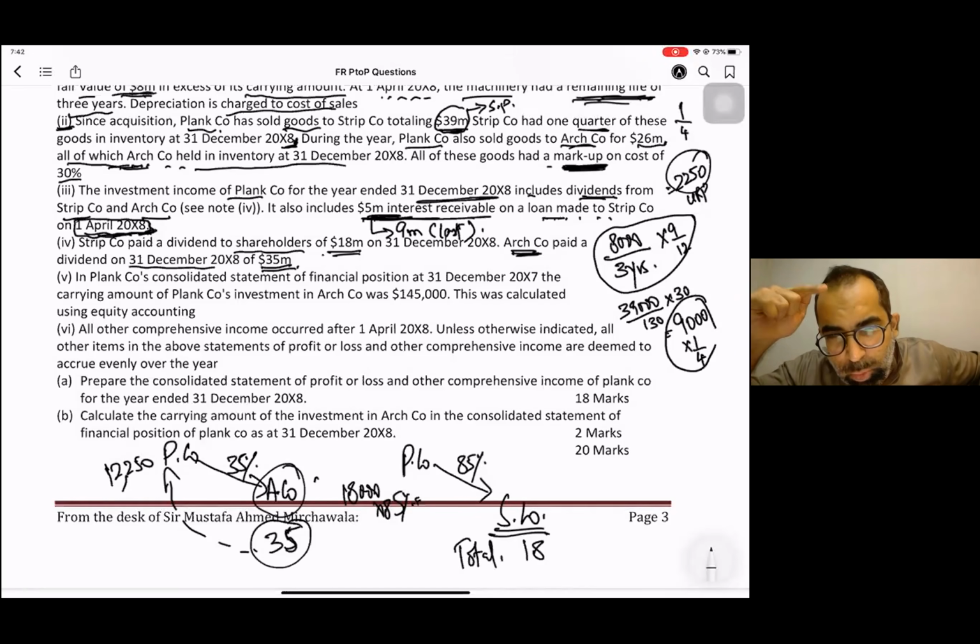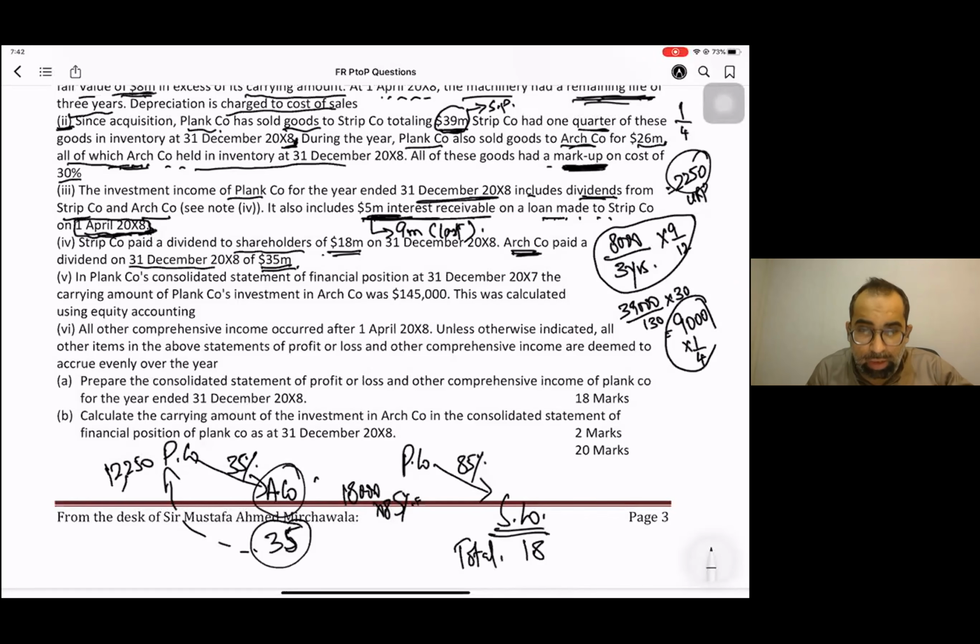So we have to remove this from investment income. So now we need to remove this 12,250 as well.